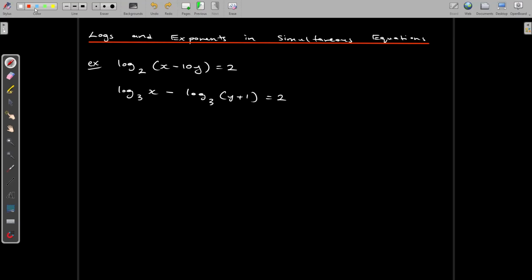So from equation 1, let's see what approach we can take to that.